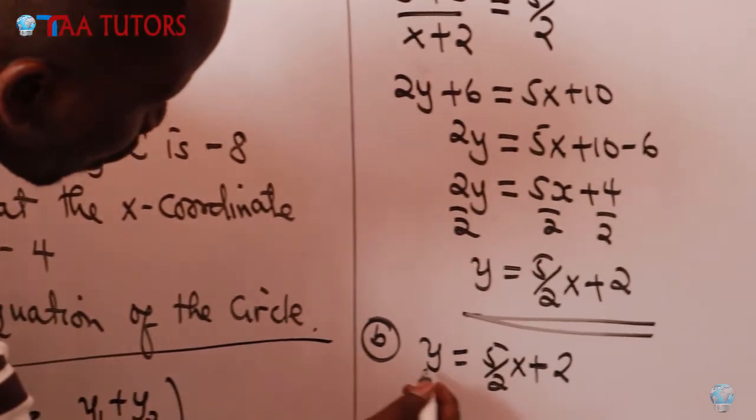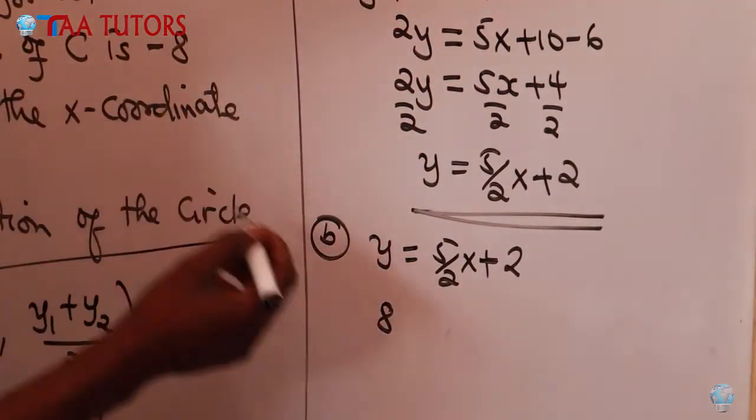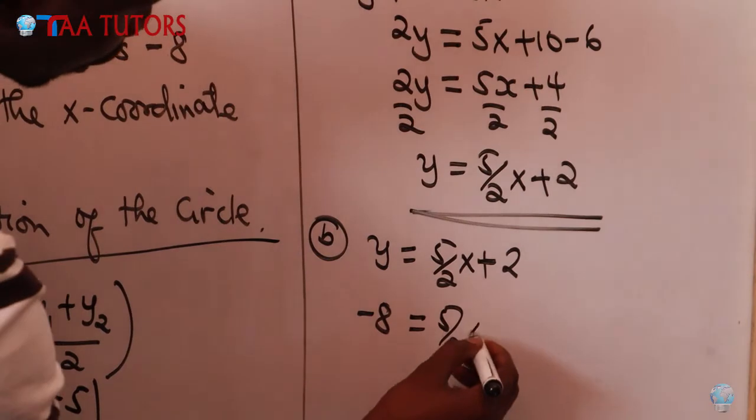Let us show that x is equal to 4. With y equal to -8, we have -8 = 5/2 x + 2.